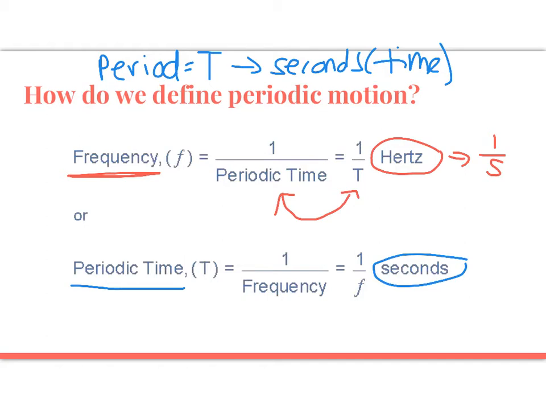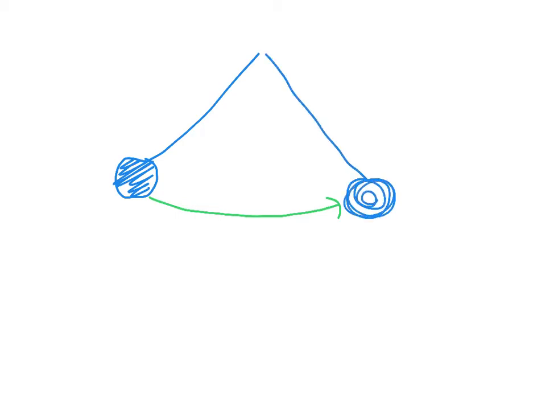Now, if a pendulum is going back and forth, and it starts at the very top and then it swings, reaches its other highest point, to make one full period, it has to come all the way back here. So once again, I have to move all the way over to our other high point and then all the way back to have one full period.